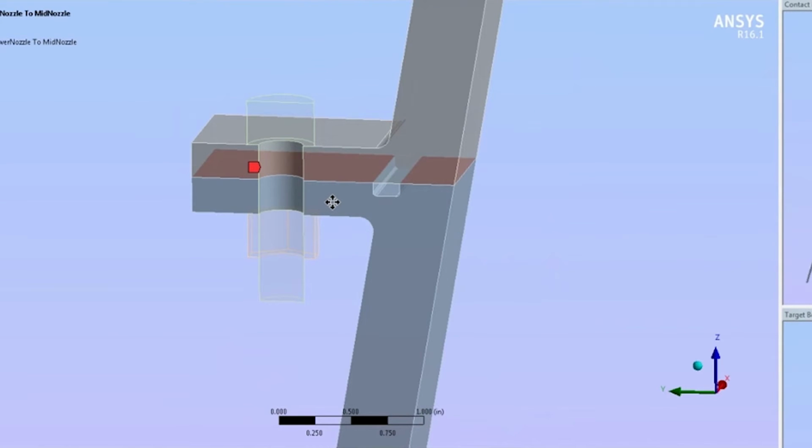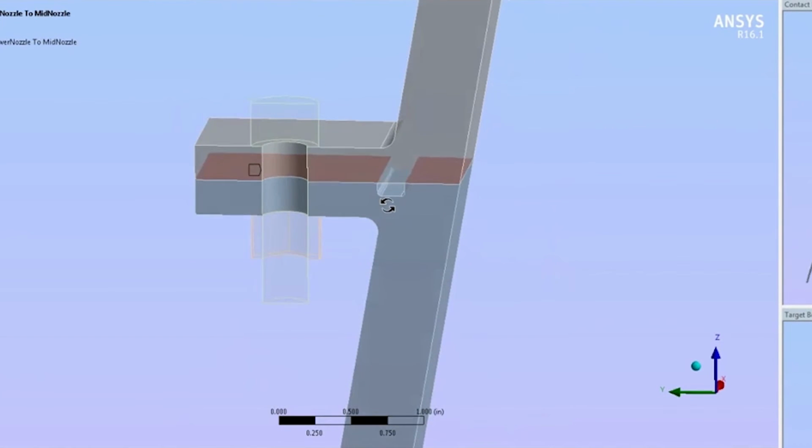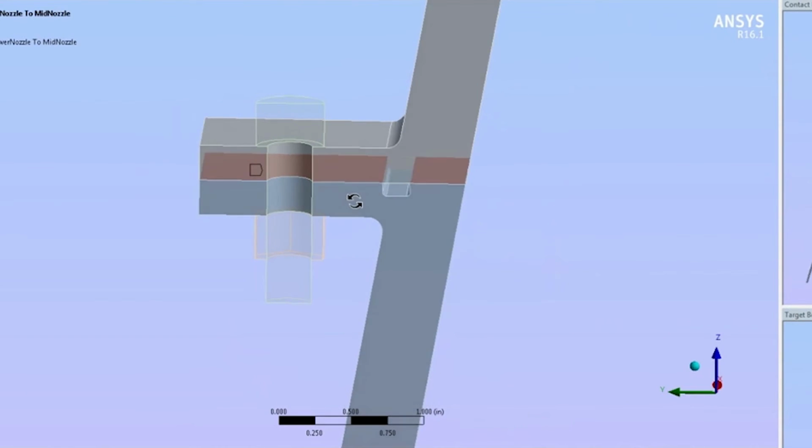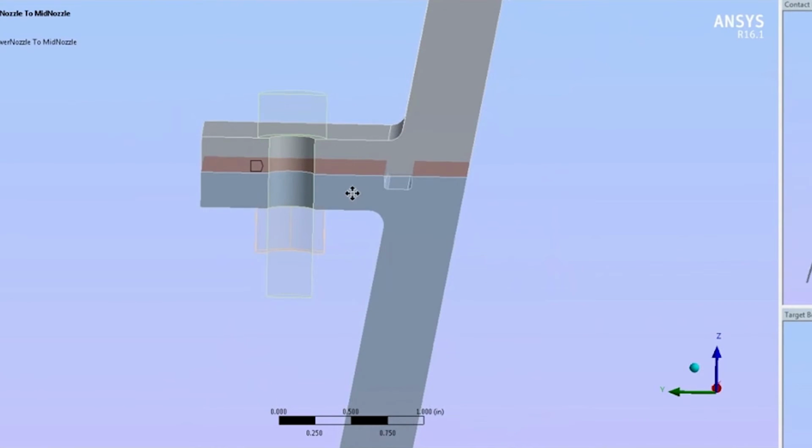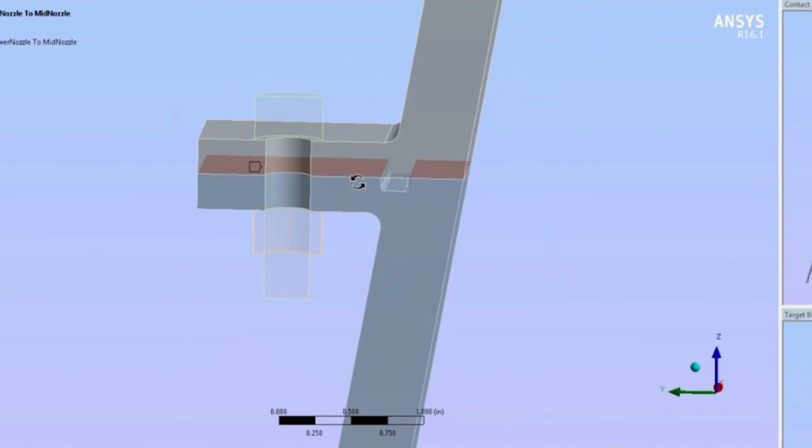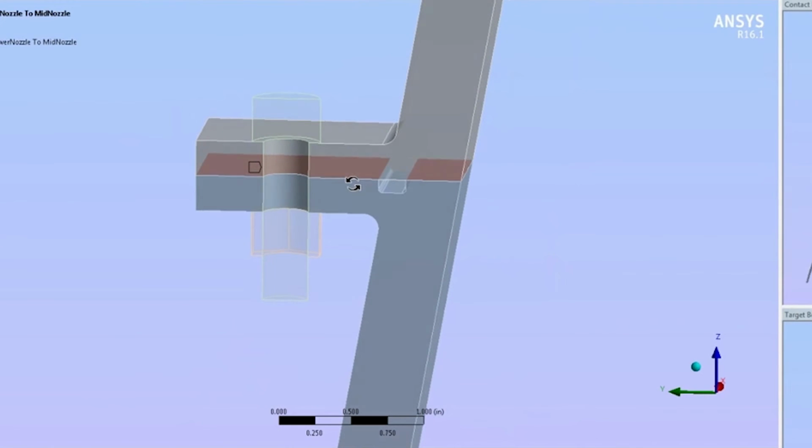And then the target is typically the larger body or the concave body. And that's what the user manual states. For many situations, it doesn't really matter which one you pick as target or contact. You could choose either in this case, and it won't make much of a difference because they're planar surfaces. Another way to figure it out is just to try both and then see if you get a difference in the answer.